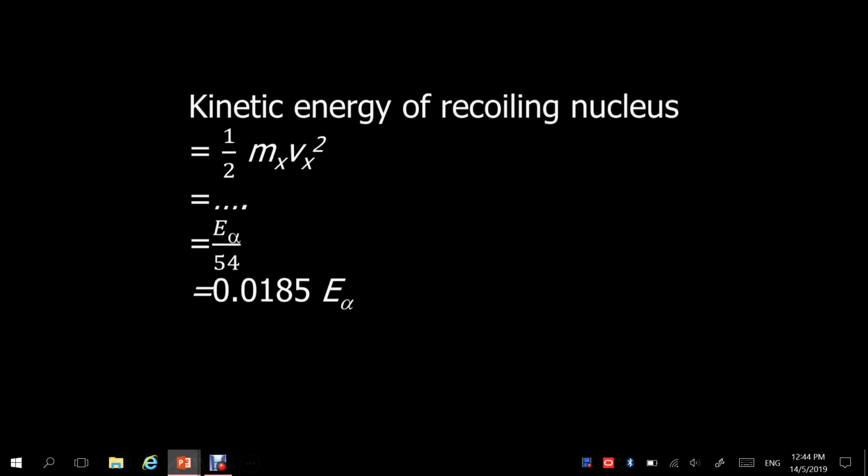Replace the Vx and express it in terms of V alpha, then you will get a coefficient with E alpha, and that coefficient is 1 over 54. So that means the kinetic energy of your recoiling nucleus is 1 over 54 that of the alpha particle.